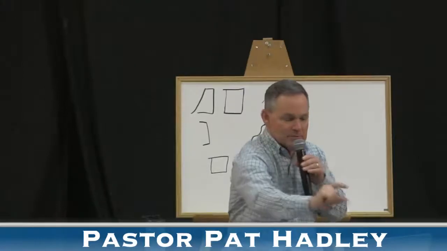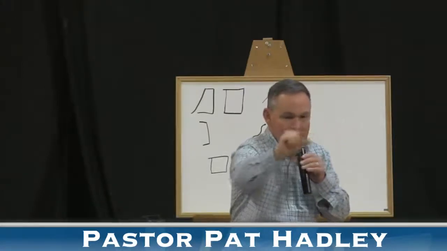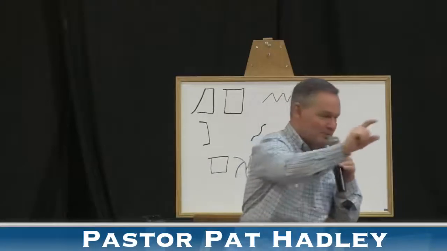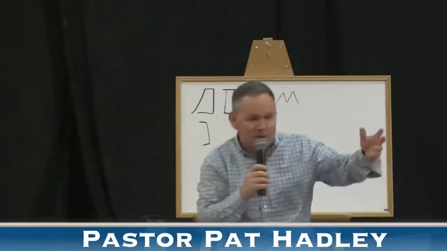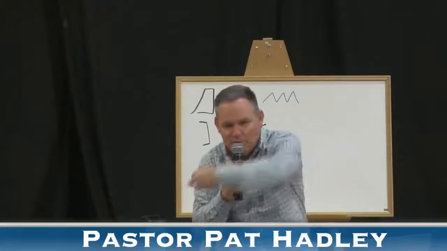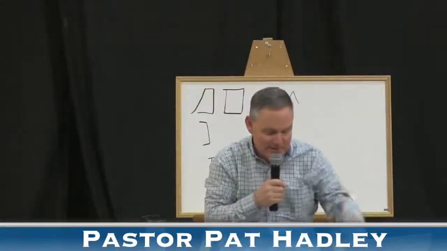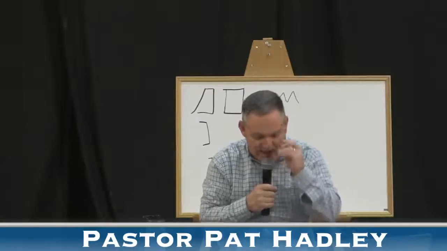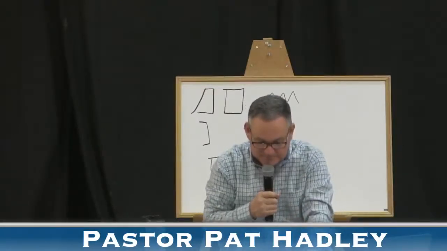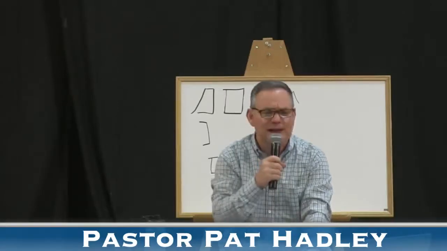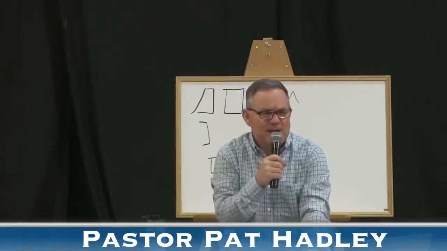Just little bitty idols. They look like little toys, almost. Okay? So Rachel grabs them, maybe sticks them in a bag, and they leave. Well, Laban finds out that they've gone. And by the way, why would Rachel do that? Why would she do that?